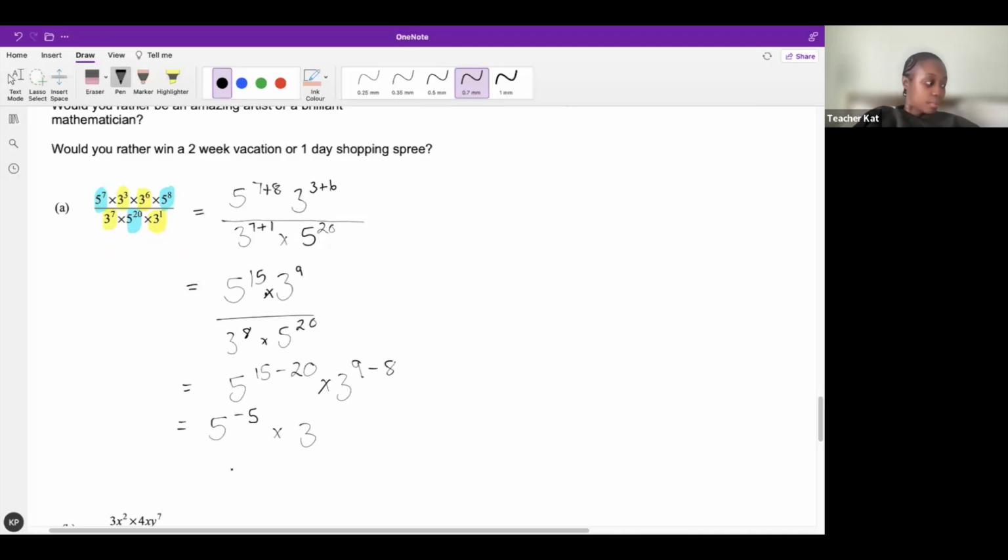It should be a decimal or a fraction. Three over, I'm going to take the fraction one. 3 over 3,125. Nice. There we go, guys.